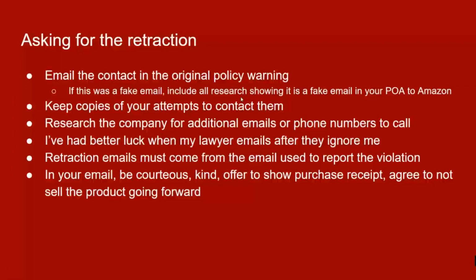I would typically take a screenshot showing that it's a fake email and put that into a Word document or save it as a file of some sort. That can go into your plan of action, and then you can prove to Amazon that it is a fake email. You can't just say, oh, I Googled this and it was fake. You need to have some sort of screenshot to show that it is a fake email.